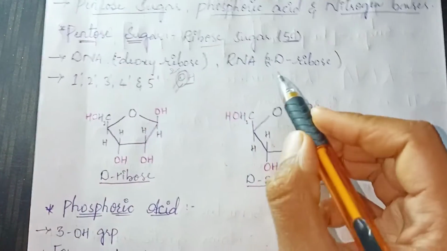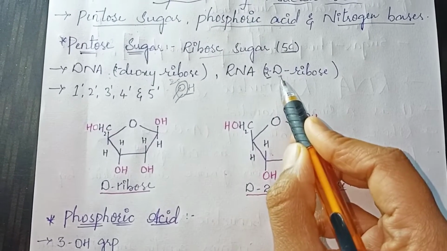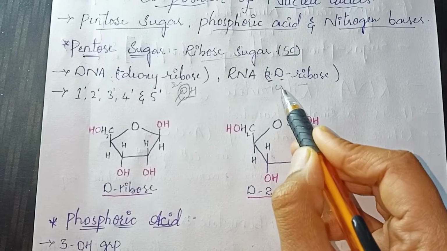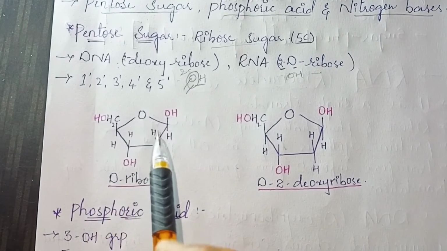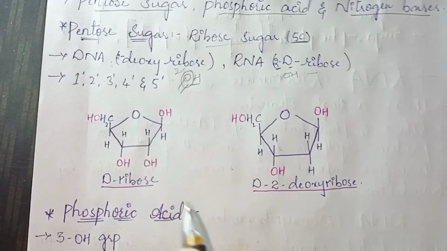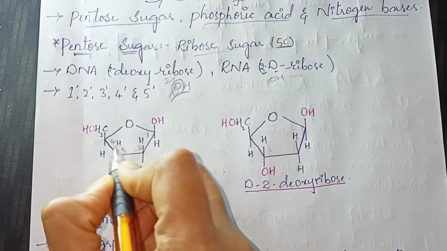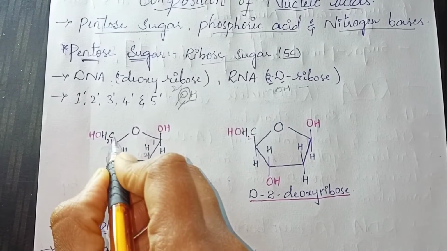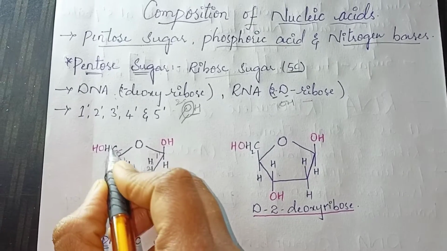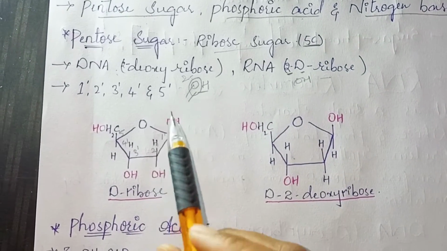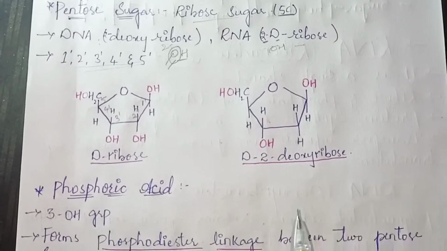In RNA, at the second position there is no absence of oxygen from OH. Here we number the pentose sugar's 5 carbons as 1 prime, 2 prime, 3 prime, 4 prime and 5 prime. This numbering is important in pentose sugar, or ribose sugar.